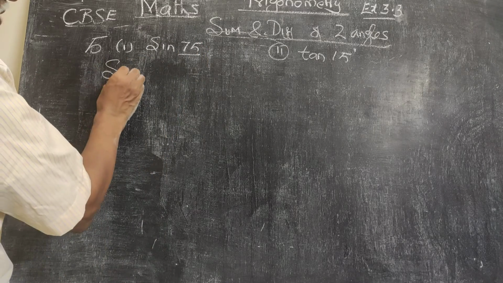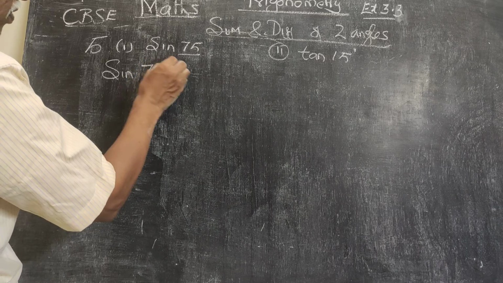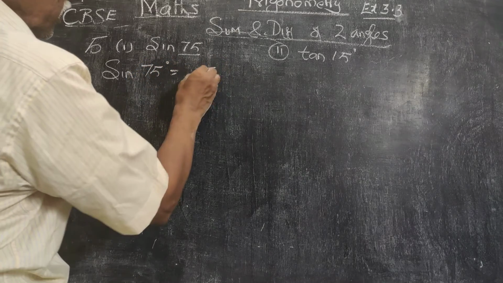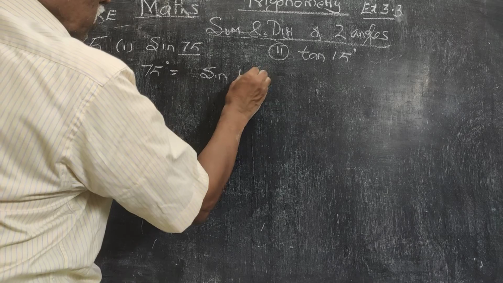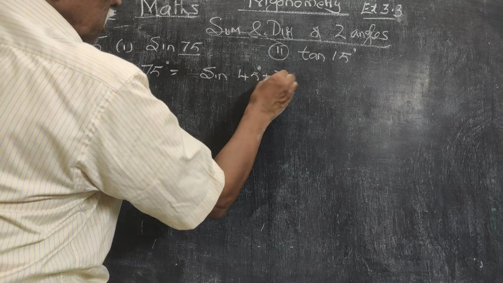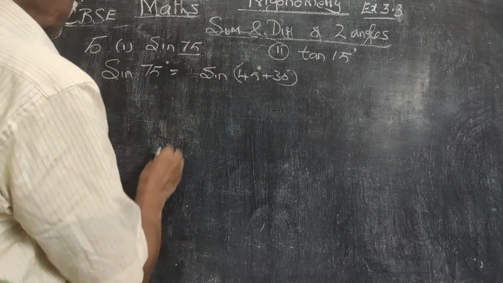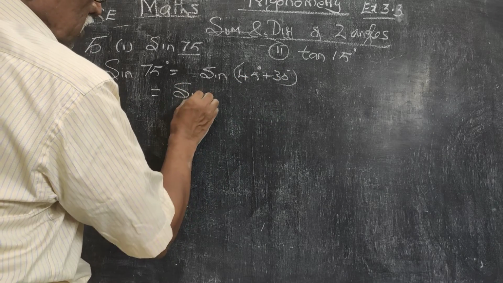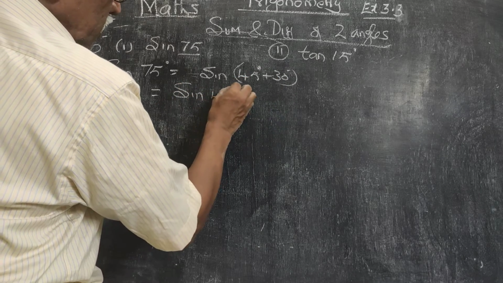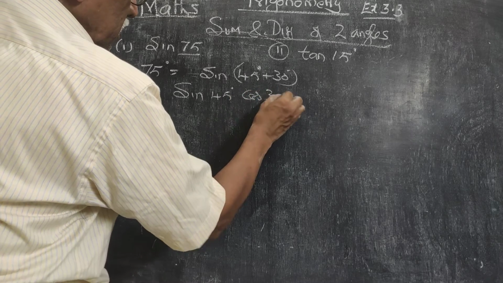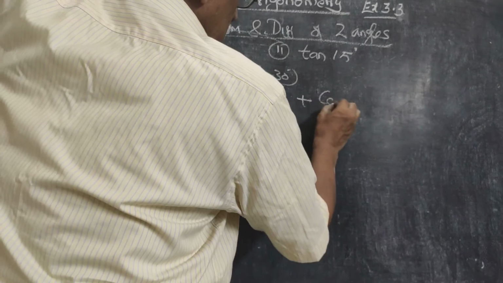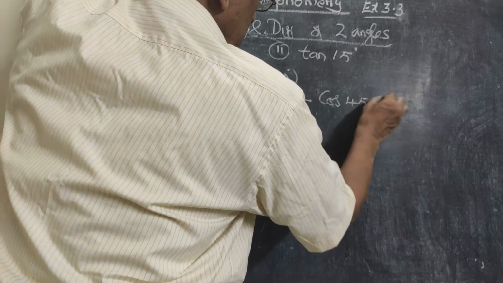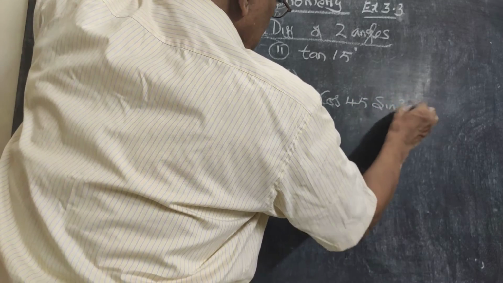So first, sin 75 degrees, I am writing as sin of 45 degrees plus 30. Sin of x plus y is sin 45 into cos 30 plus cos 45 into sin 30.